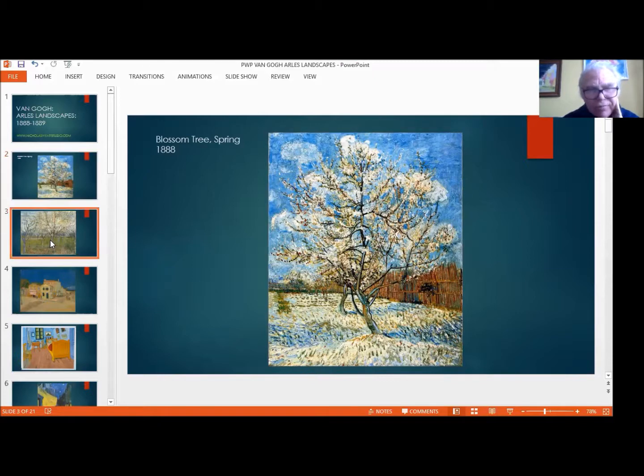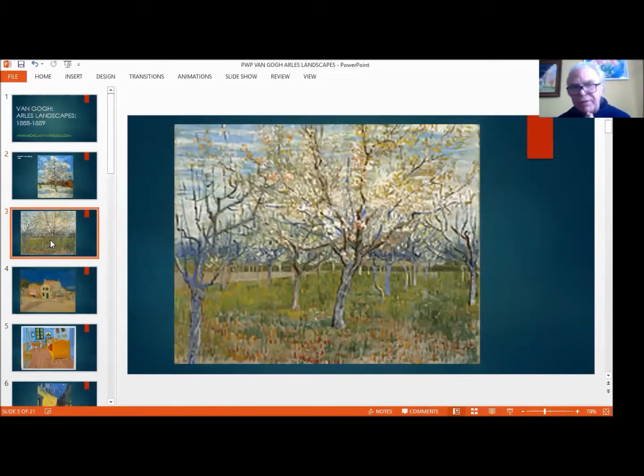Here's another one made probably roughly about the same time. And again, I think you can see these individual strokes of colour, various different shades of green.